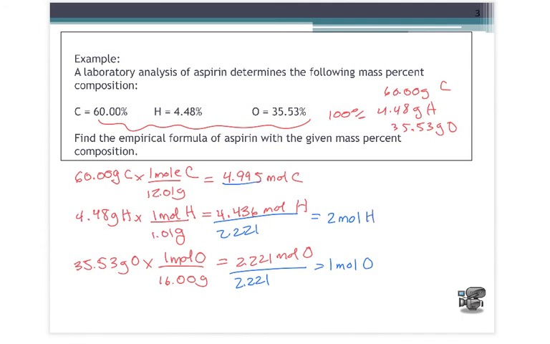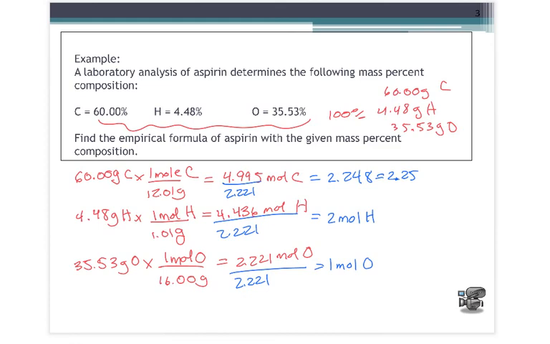And here we have about 2.248. Okay, we can't round this up. See, 1.99 or 1.97 is close enough to 2 for us to round. But this is 2.25, so it's a fraction.